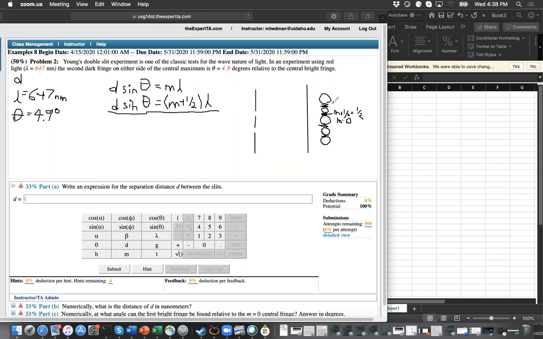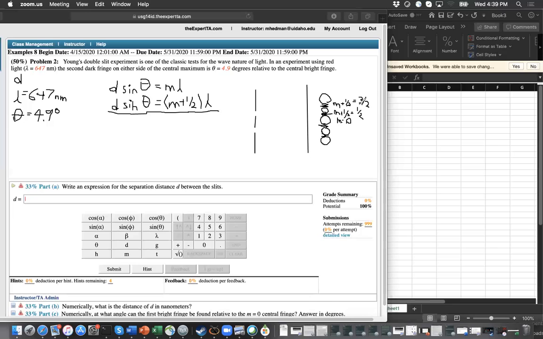But the next dark fringe happens where m plus a half is 3/2. Similarly, this is where m plus a half is -1/2, and this is where m plus a half is equal to -3/2. So the specific fringe we're talking about is this formula in the case where m plus a half is 3/2.